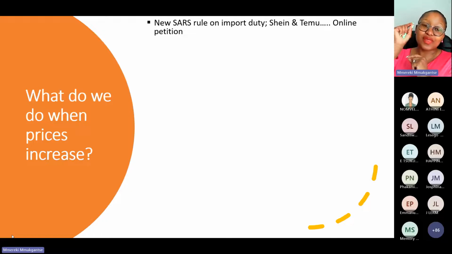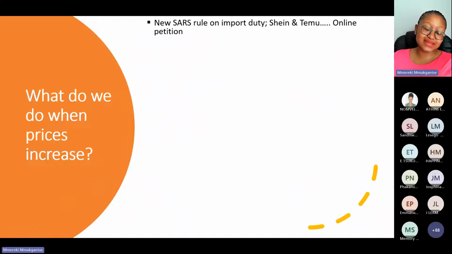Now a lot of people complain that you spend 1,000 in your cart, but import duty says, no, my dear, you'll pay 500 more just so that the stuff can come here. And then what happens? People started an online petition. It goes back to what somebody said: complain.